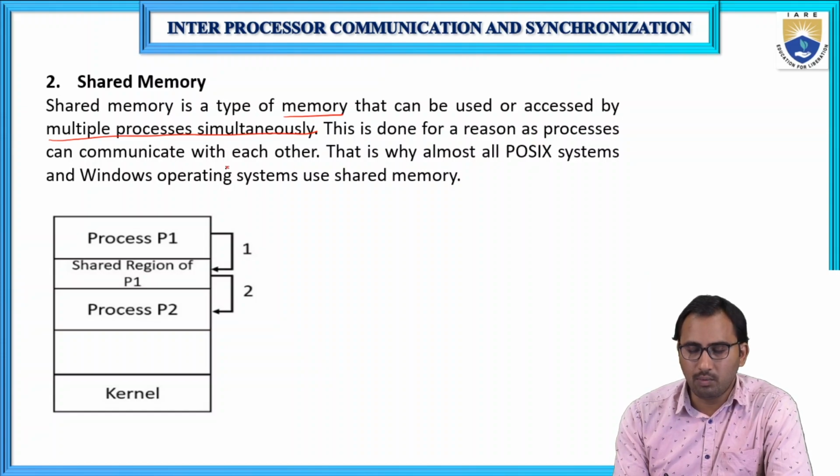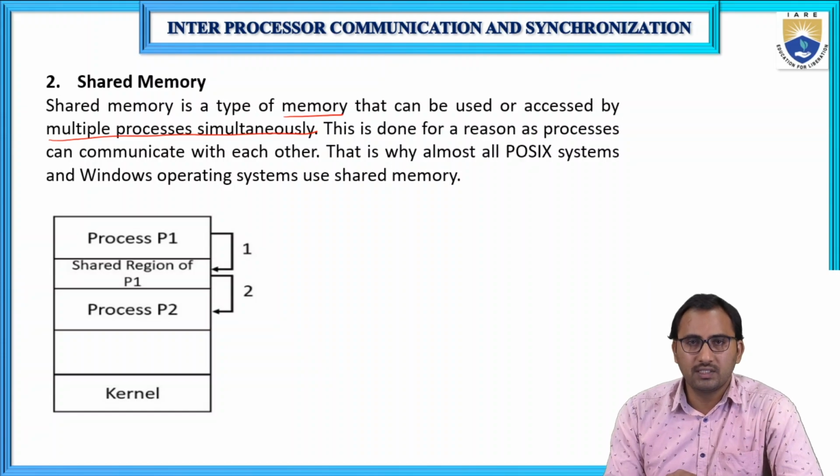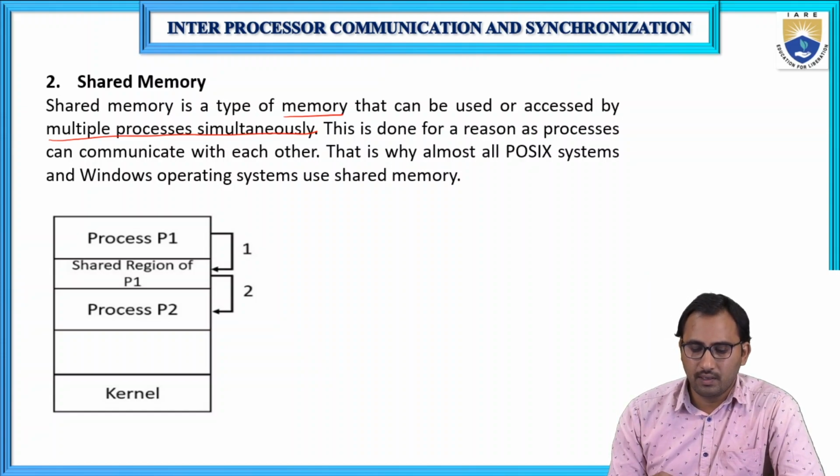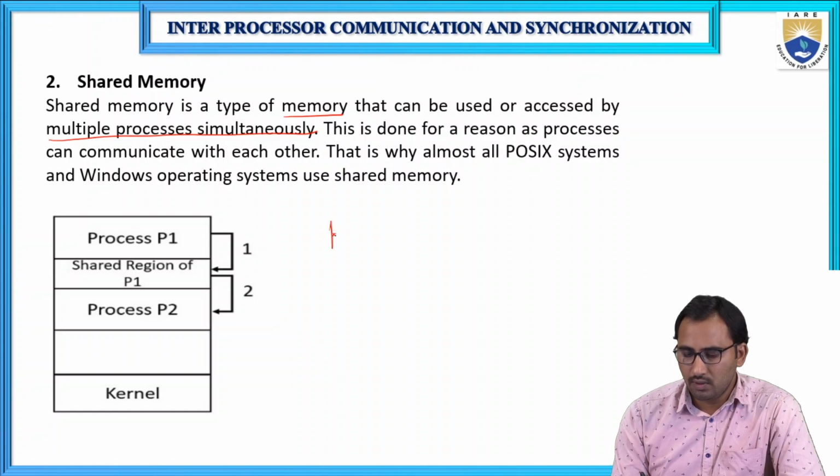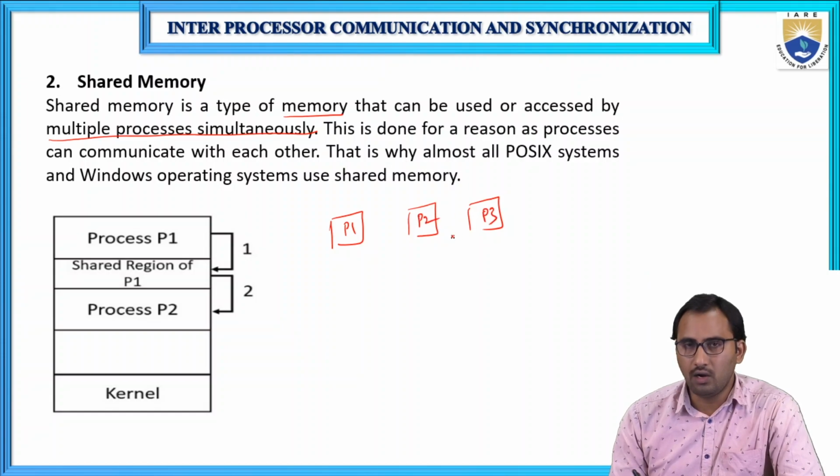Processes can communicate with each other. So why have we developed shared memory? Because of inter-process communication. In a multiprocess system, we have multiple processes, P1, P2, P3, and so on.